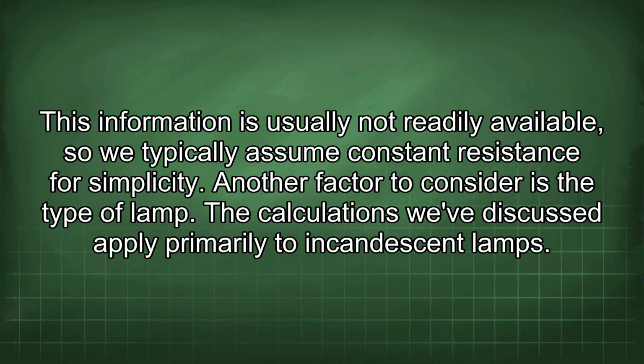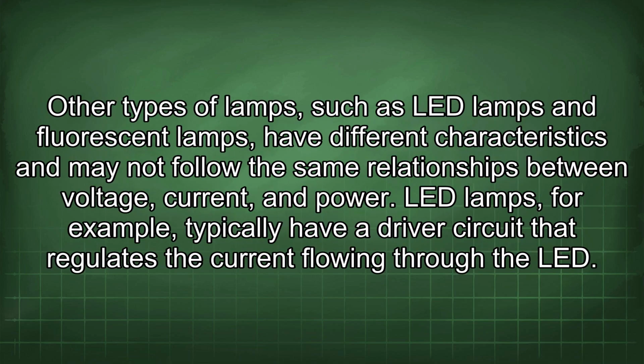Another factor to consider is the type of lamp. The calculations we've discussed apply primarily to incandescent lamps. Other types of lamps, such as LED lamps and fluorescent lamps, have different characteristics and may not follow the same relationships between voltage, current, and power. LED lamps, for example, typically have a driver circuit that regulates the current flowing through the LED.